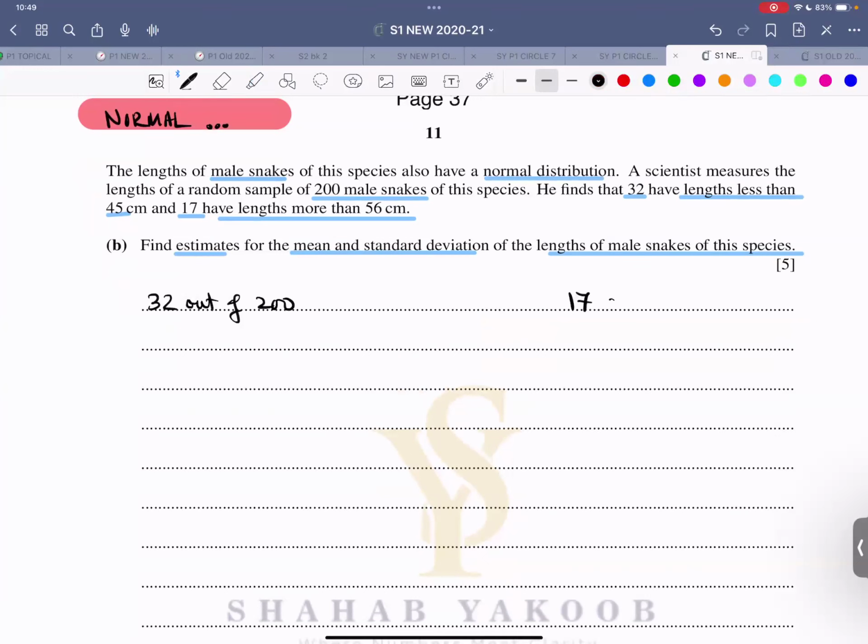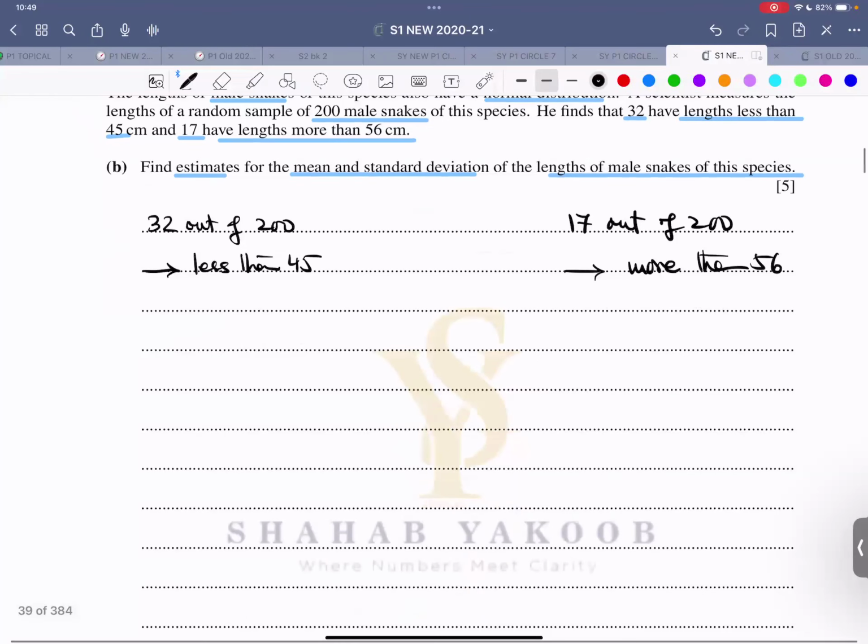This is 17 out of 200. 32 out of 200, they have length less than 45. And 17 out of 200, they have length more than 56. So I hope you are getting what I'm trying to imply. You have to convert these words into equations.